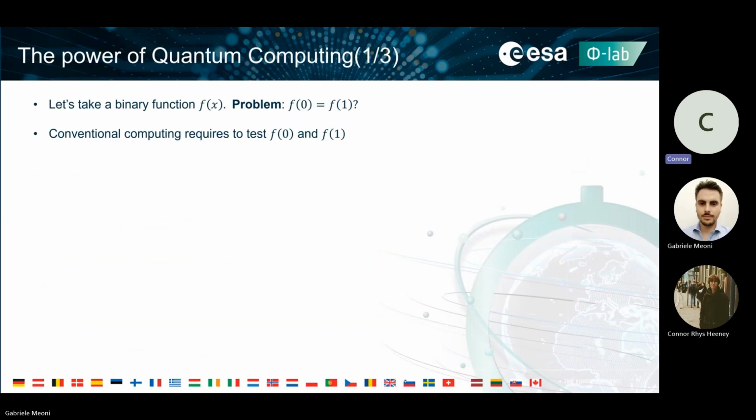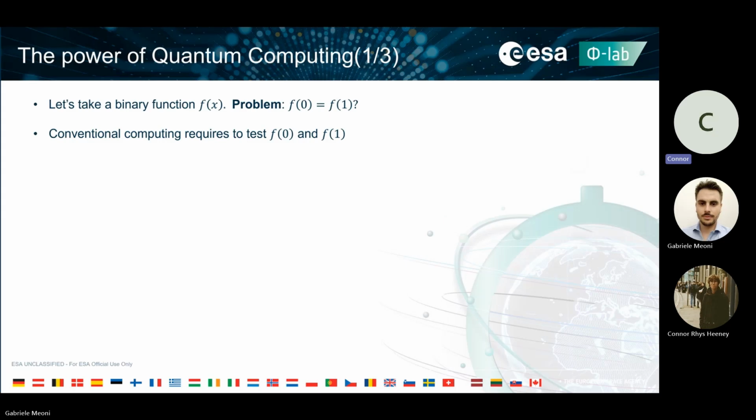So now I will make your life a bit more complicated, but I want to show you the power of quantum computing. So I will bring this problem that might be a bit artificial, but at least can show you why a quantum computer might be interesting. So let's assume you have a Boolean function that you want to test: if f of 0 is equal to f of 1.